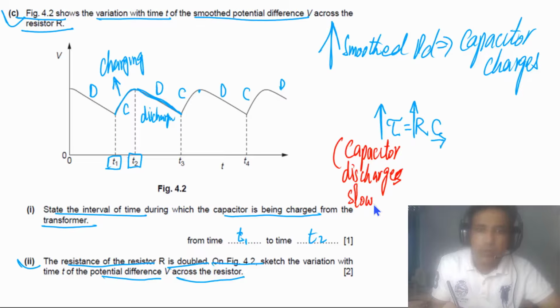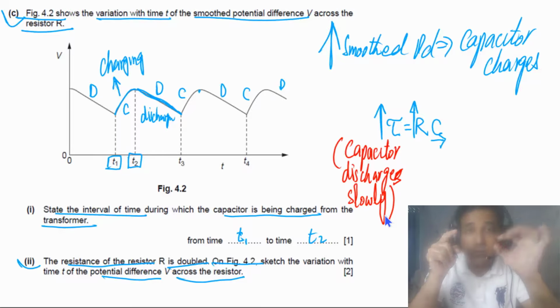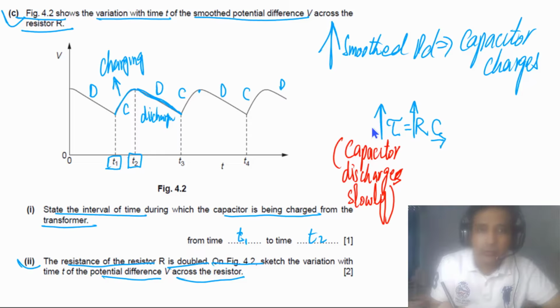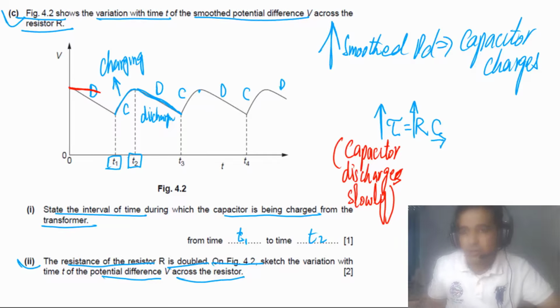So this is the point we need to understand. Capacitor discharges slowly, but time period of AC is the same. Time period of AC is the same, only tau for capacitor increases. So in this case simply we can draw at this point capacitor will discharge, but it will discharge very slowly. So let me redraw this one.